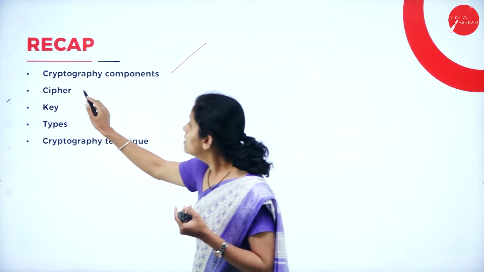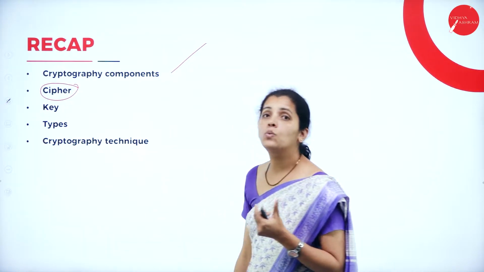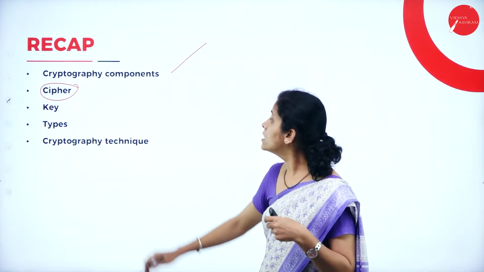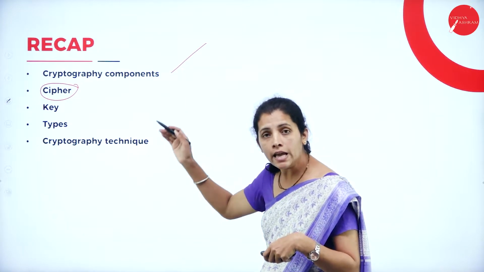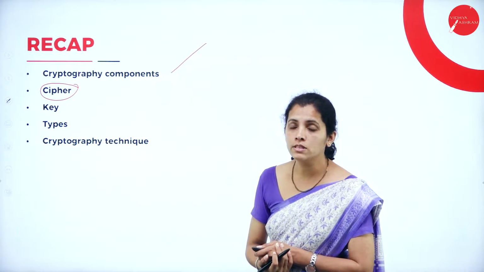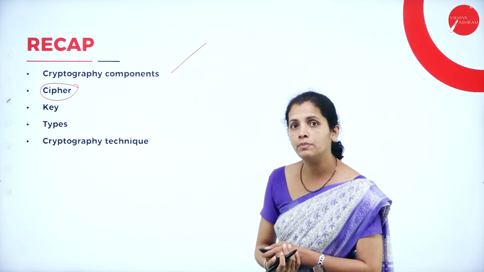Then I discussed what is a cipher, what is a key, and the types of cryptographic techniques. There I discussed what is an asymmetric key crypto system and a symmetric key crypto system.